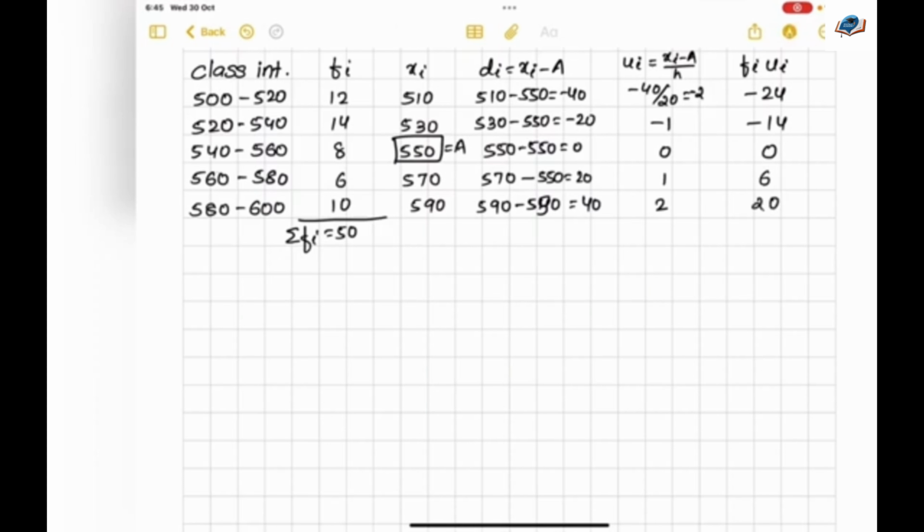So now I have to add sigma fi ui. The advantage of this method is that we will have smaller totals, so it will be easy for us to divide.